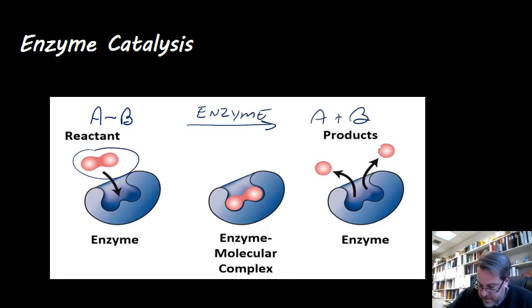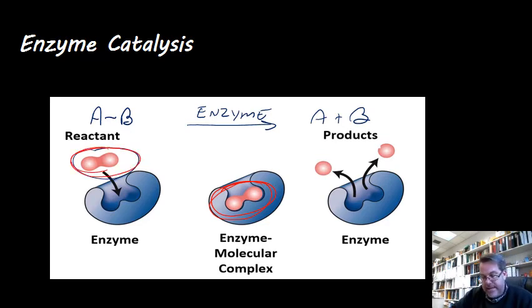It moves into what's called the active site in the enzyme, and the enzyme kind of twists a little bit, breaks the molecule apart, and then the products are released. And in these reactions, the concentration of the enzyme is always much, much smaller than the concentration of the reactants.